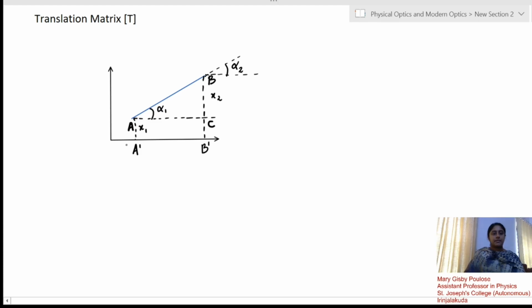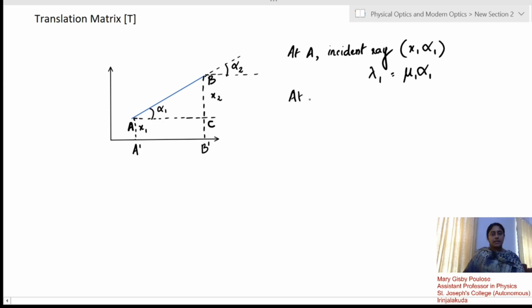Okay. So at A, the incident ray can be represented as x1, alpha 1, and its direction cosine lambda 1 can be written as mu 1 alpha 1, where mu 1 is the refractive index of this medium.